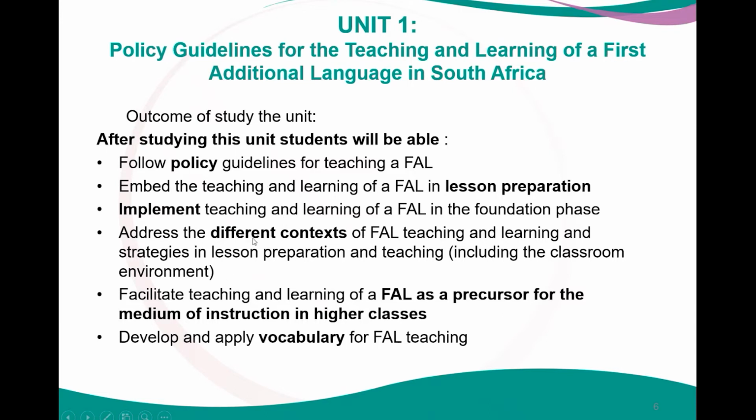Address different contexts. We know we're living in very diverse situations, so we need to know how to address different contexts. Hopefully we'll understand that, because at the end of this module, you need to understand why FAL, especially as a precursor and a medium of instruction for higher classes.